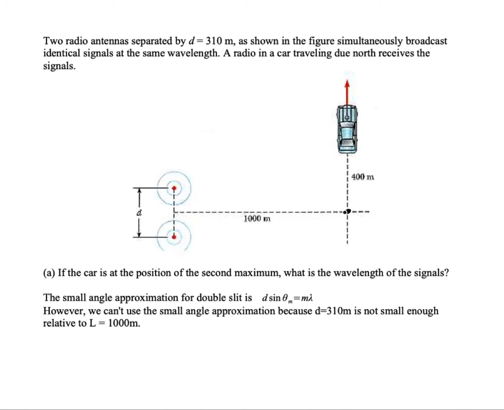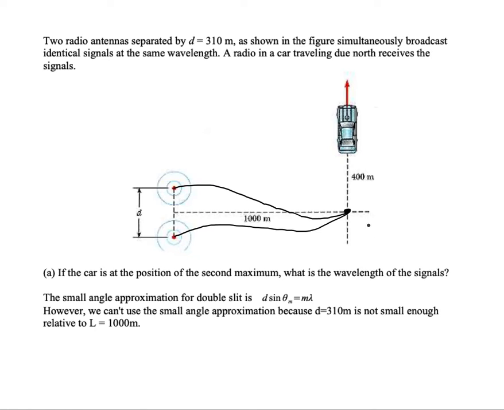If we look at a point that's symmetrically between the two antennae, and we draw a sine wave, then what we would find is the sine waves emitted by these two antennae are identical.